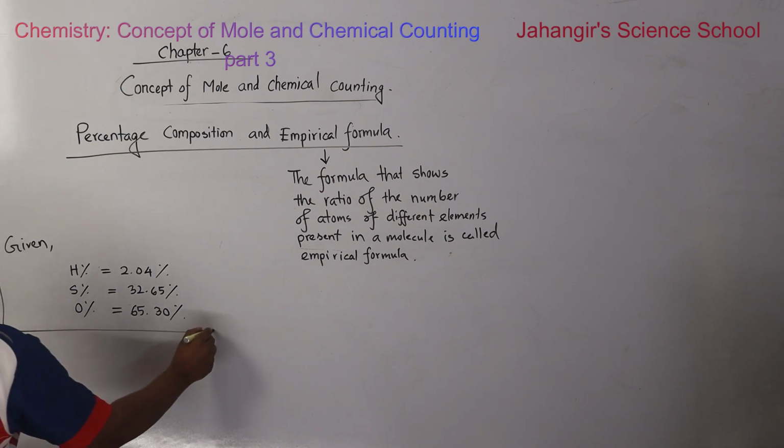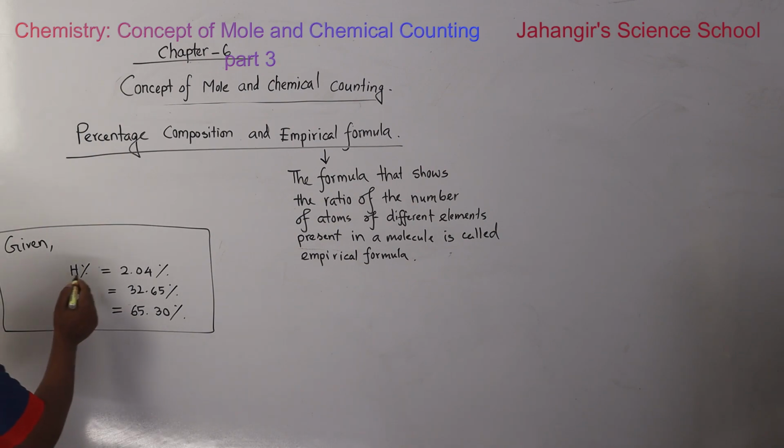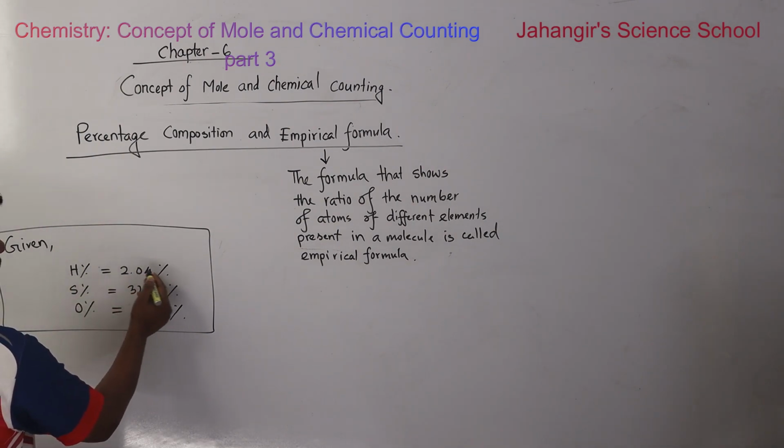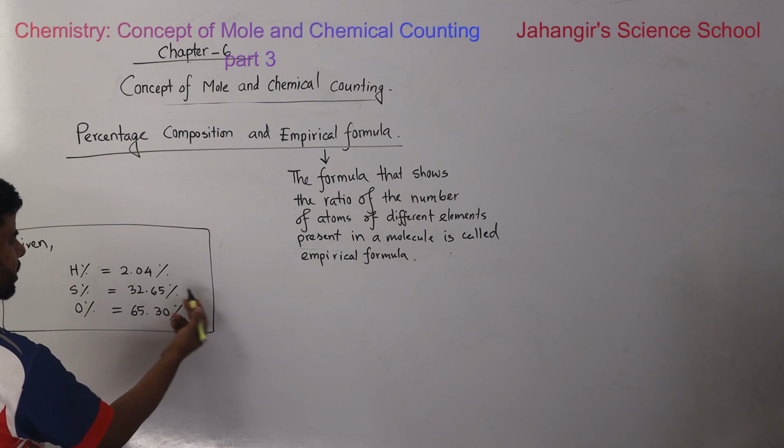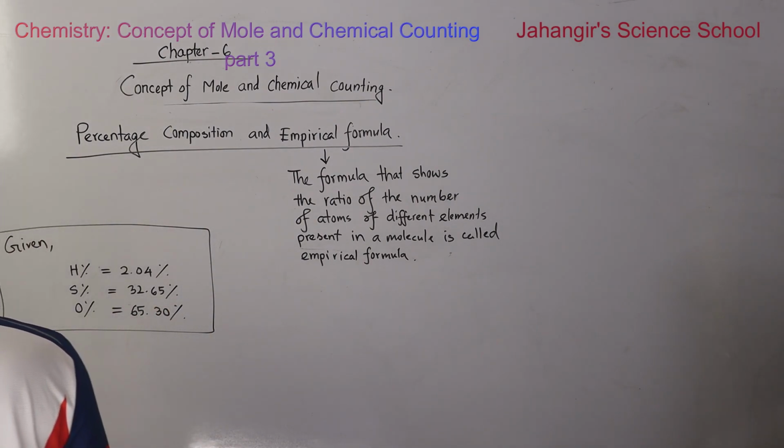Say the percentage composition of different elements is given: hydrogen 2.04%, sulfur 32.65%, oxygen 65.3%.